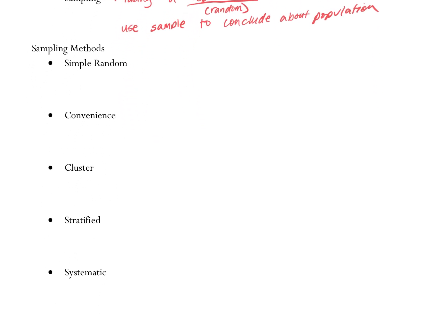So speaking of sampling, there's 5 different methods of sampling we're going to talk about, 4 of which are good sampling methods. 1 is a terrible sampling method.